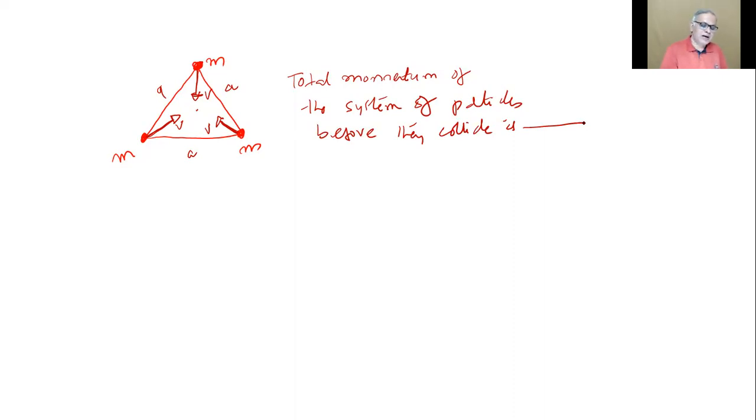So I'm only asking you to add the momentum and tell me. So momentum formula, you know, don't you? P equals mv, or p bar equals mv bar. Momentum is a vector quantity, mass into velocity. So P of the system will be simply what? mv plus mv plus mv, that is 3 mv. Is it right?